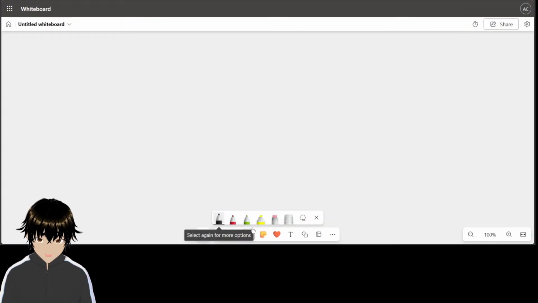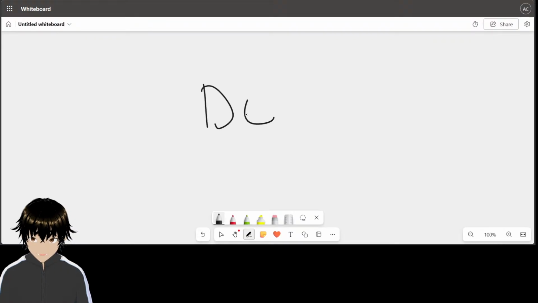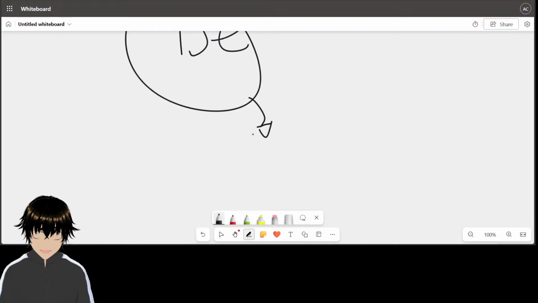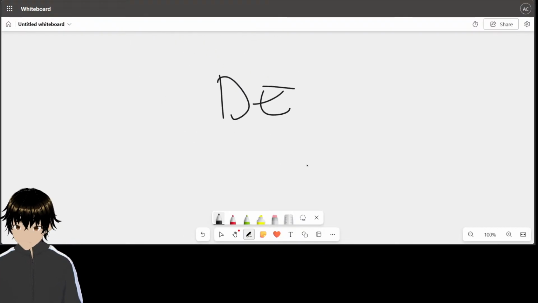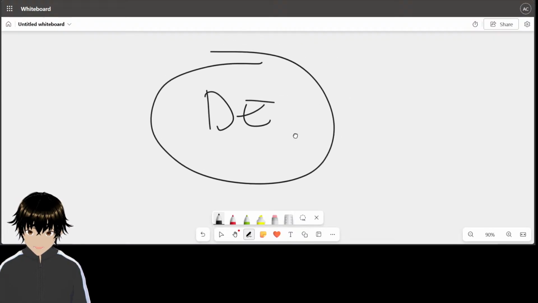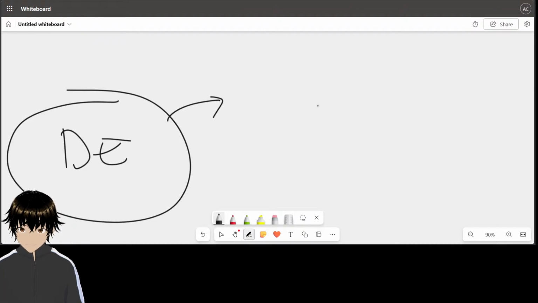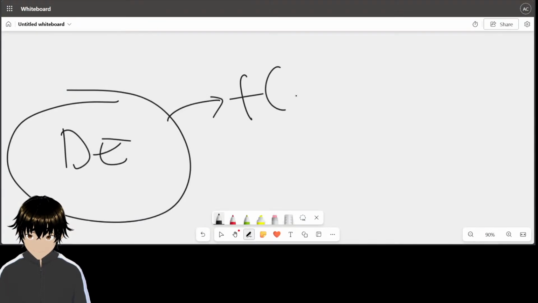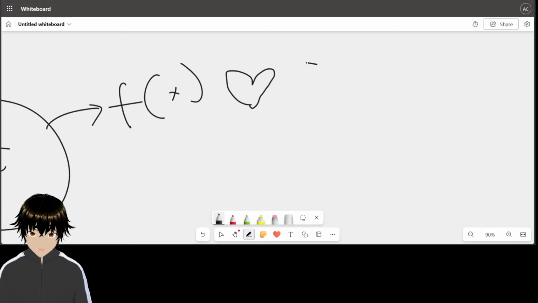So let's make a mind map right here. I'll just abbreviate it as DE, differential equations. Differential equations are basically just, how do I say this, functions meet derivatives.